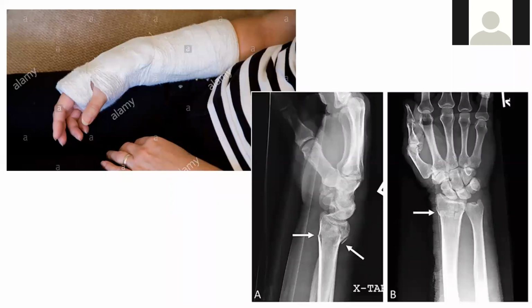The median nerve, right in the middle. The ulnar nerve will escape because the ulnar bone is not fractured. It's the radius that is fractured, and this dorsal angulation will definitely stretch the median nerve.